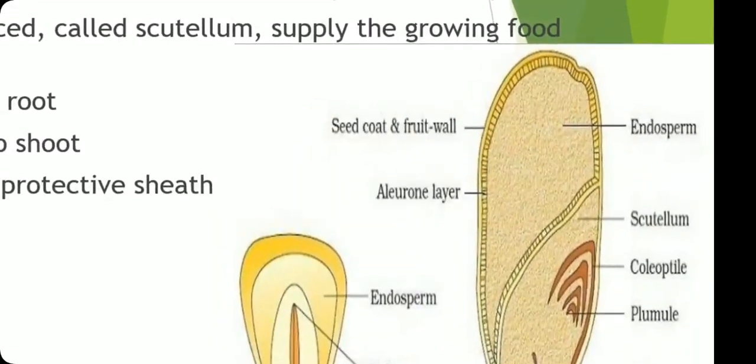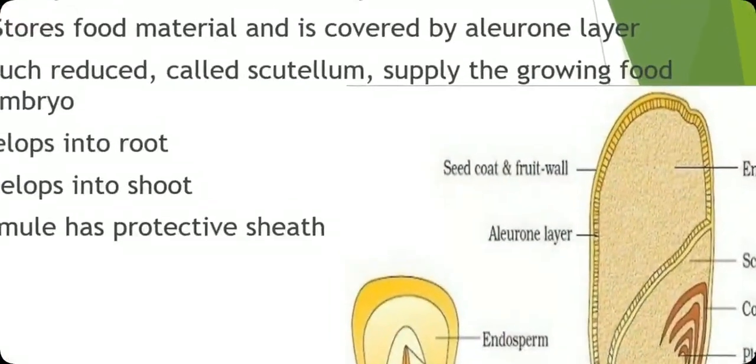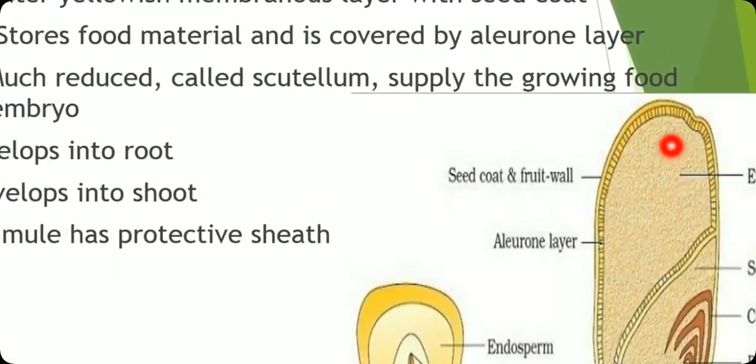And the other structure is endosperm. This part you are seeing is called endosperm. The endosperm is divided into two unequal portions. Here you can see the unequal portions, and it is surrounded by an epithelial layer.